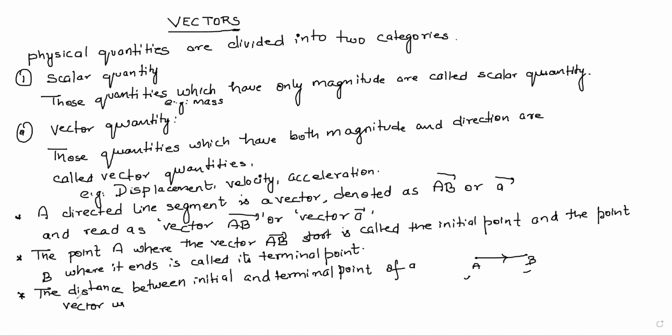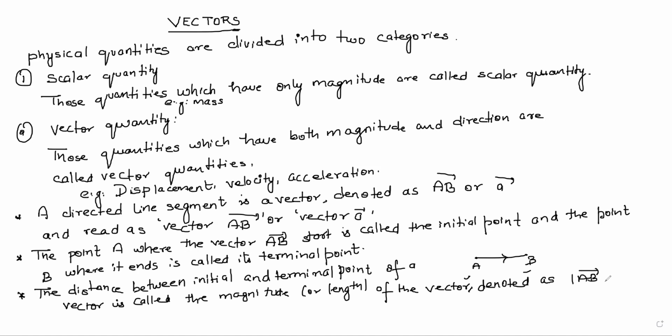It is called the magnitude, or we can say the length of the vector. Denoted as the magnitude of AB, or magnitude of A.